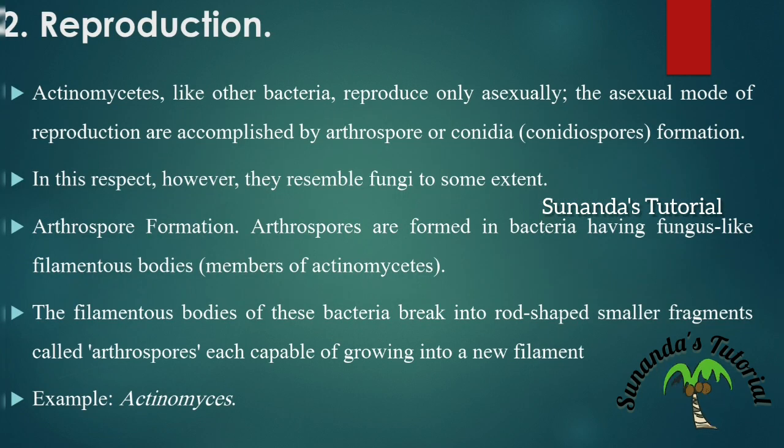Next, reproduction. Actinomycetes, like other bacteria, reproduce only by asexual methods. The asexual mode of reproduction is accomplished by arthrospore formation or conidiospore formation mostly.